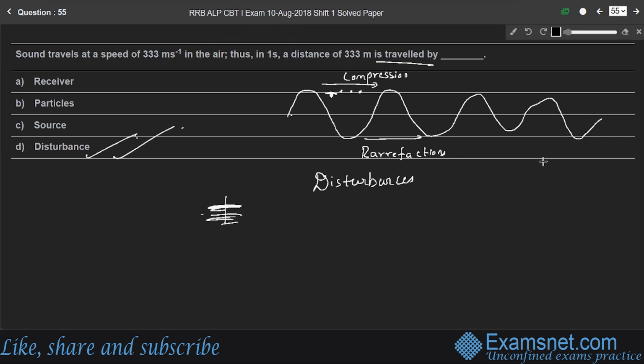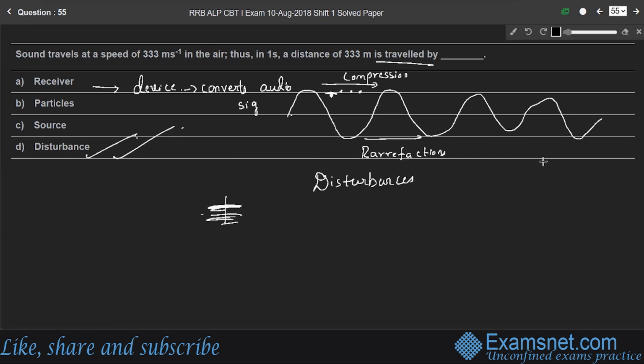Whereas the remaining options are receiver, particles, and source. A receiver is a device that accepts signals such as radio waves and converts the signals into a useful form, such as audio signals.